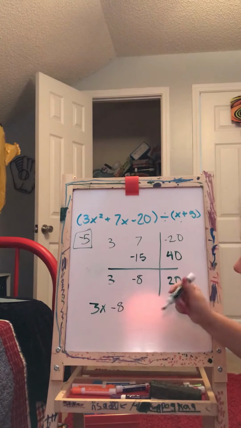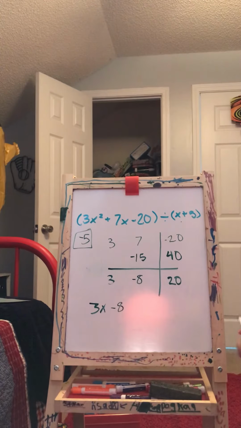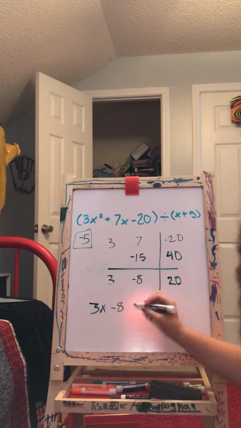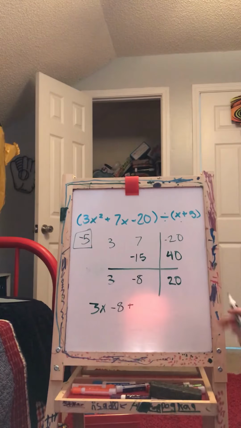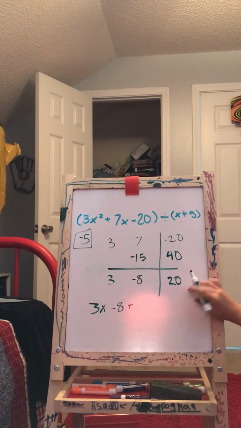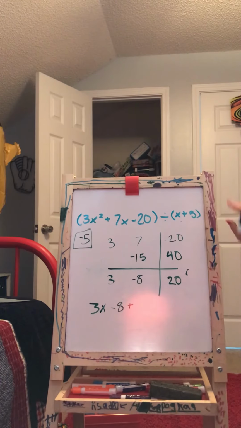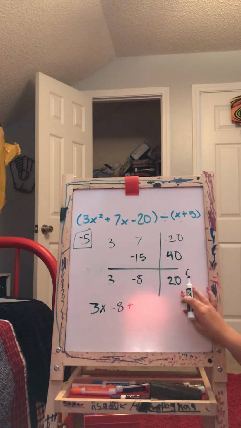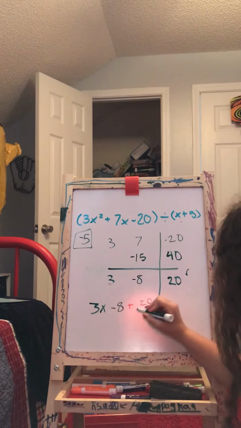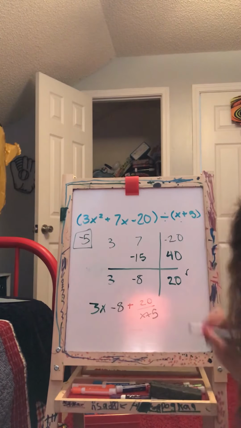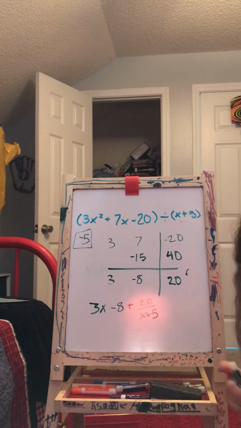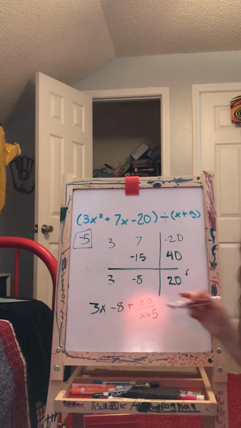Now this time it's not going to have an x, so that's just going to stay negative 8. And then this is a positive 20, so you're going to put plus. And then this, your remainder, is going to go over whatever you divided it by every single time. So 20 over x plus 5. And that is your final answer.